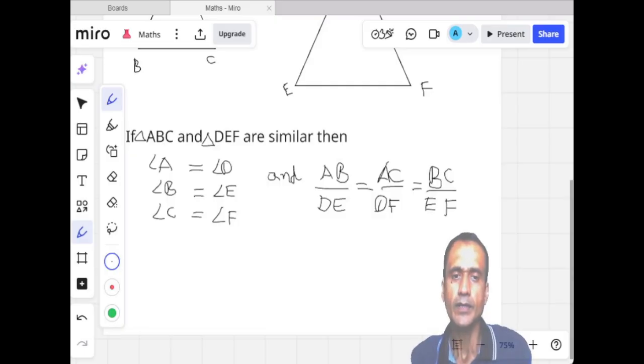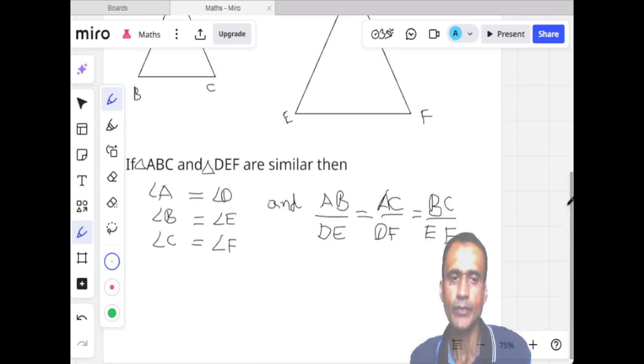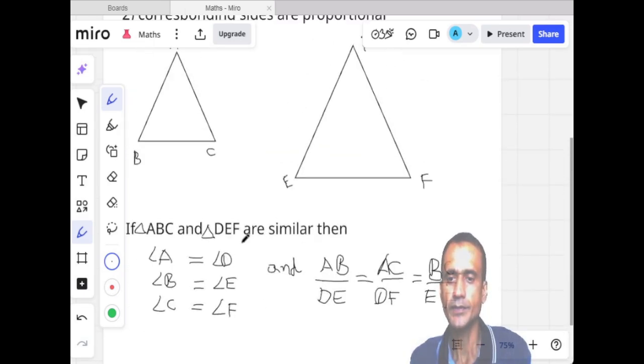So if we say that these two triangles are similar, then we must have corresponding angles equal and corresponding sides proportional.